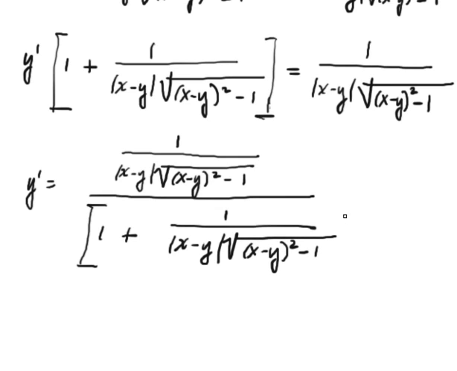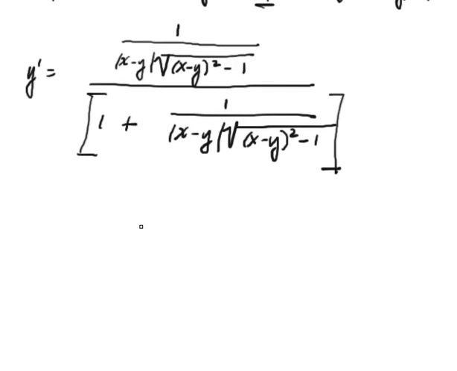Okay, this is a mixed quotient or a complex fraction, we could leave it like this, or we could simplify if we multiply top and bottom by this denominator. So let's do that just to make it a little bit simpler. Okay, a little bit more compact.